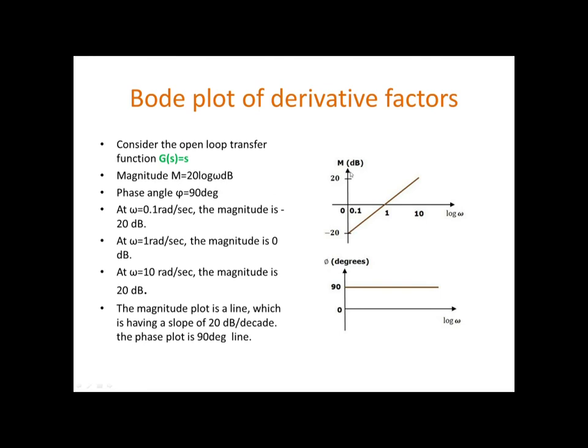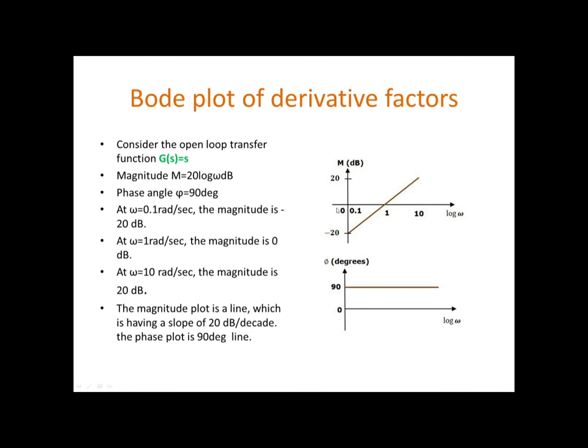Omega varies per decade, that is 1, 10, 100 like this. So at 0.1, the magnitude is minus 20 dB.